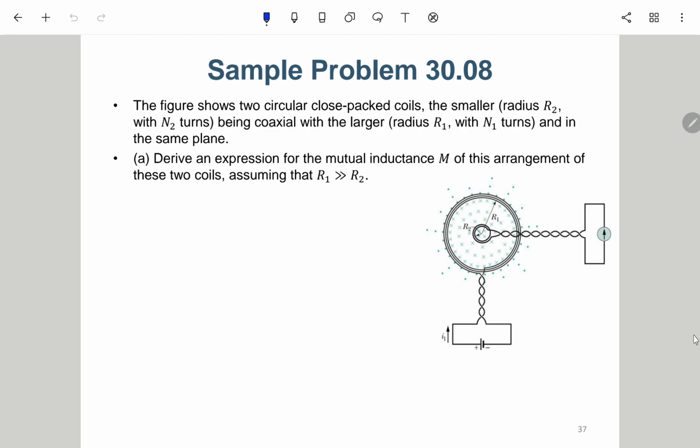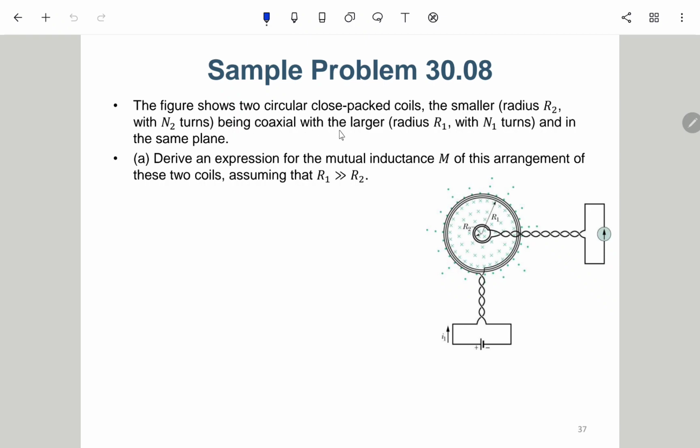Okay, here we have another sample problem. It says the figure shows two circular close-packed coils. The smaller one has radius R2 with N2 turns, coaxial with a larger one in the same plane.